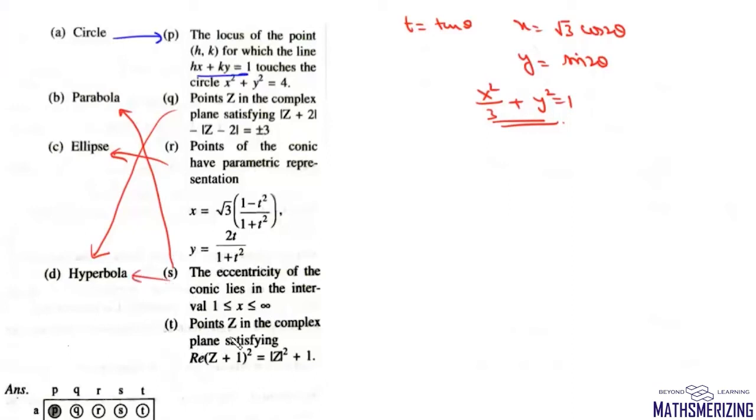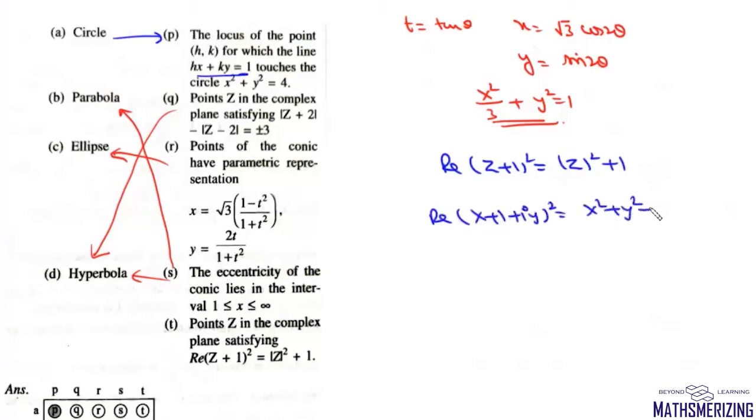And the last one is a point Z in the complex plane satisfying real part of (Z + 1) square equals |Z square + 1|. Now it is (x + 1 + iy) whole square, and x square plus y square equals 1. Now the real part of (x + 1) whole square minus y square plus 2(x + 1)iy, and this is x square plus y square equals 1.